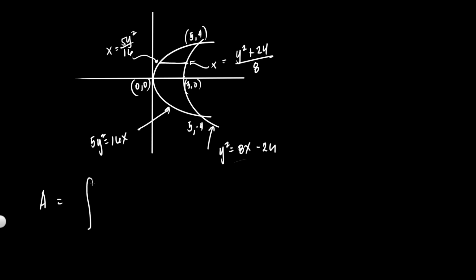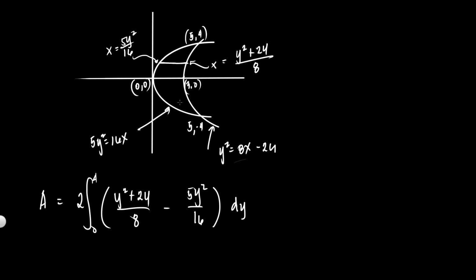Area is the integral of x right, y squared plus 24 over 8, minus x left, 5y squared over 16, times the thickness dy. For the limits, we can take just half, from 0 to 4, and multiply by 2 to get the whole area.